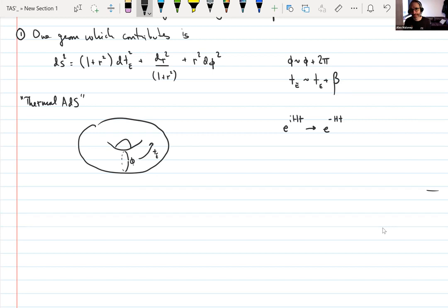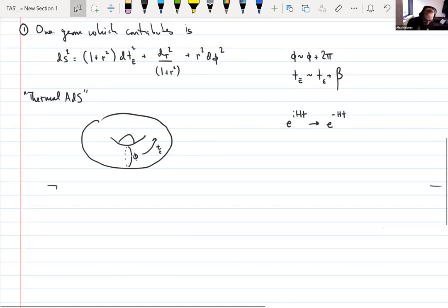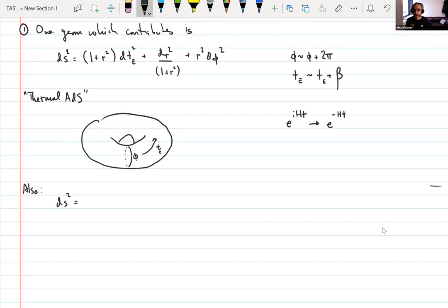It turns out that there are other geometries that contribute to the path integral of gravity on a torus. So in particular, there's another geometry, and this geometry is going to be the one where I just do a change of coordinates, where I swap what I call the angular coordinate phi and the Euclidean time coordinate t.